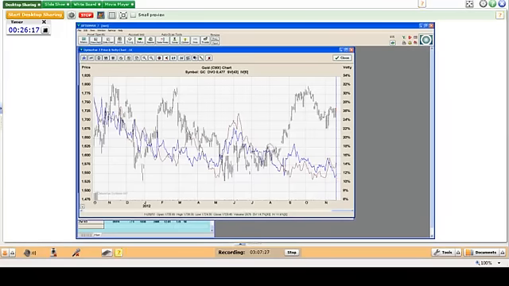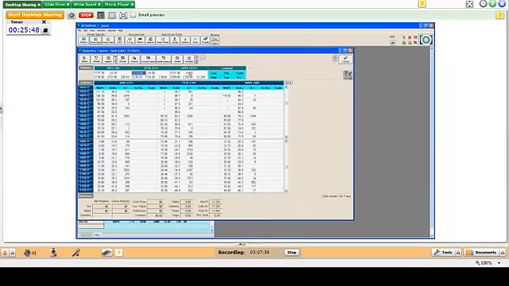Clearly, there is no discernible pattern between rallies in gold futures and movement of implied volatility. Sometimes gold rallies and implied volatility goes up with it. Other times gold rallies and implied volatility declines. Depending upon the options strategy that you choose, most option strategies have a significant exposure to implied volatility. Not the strategy I'm going to show you today.